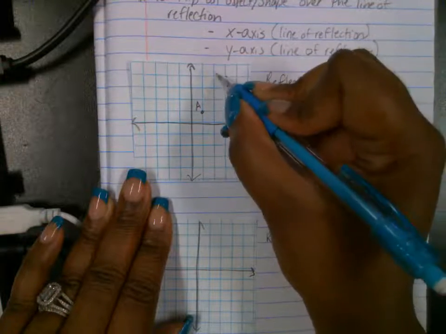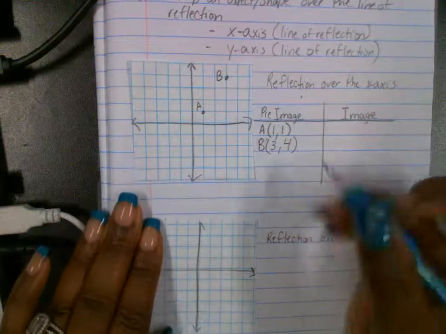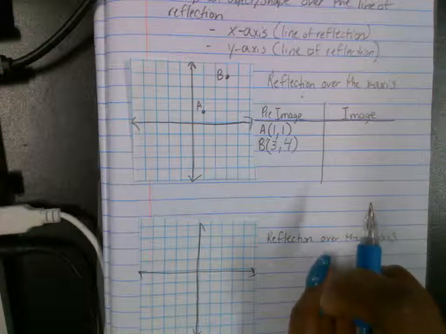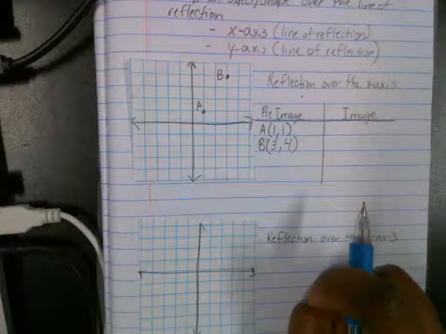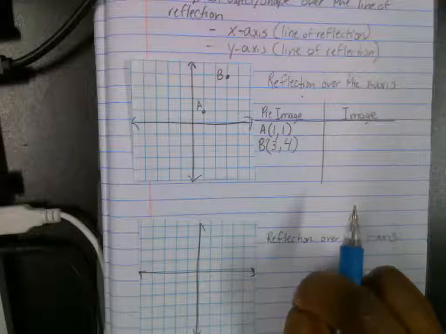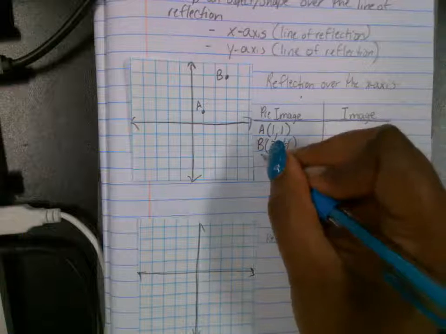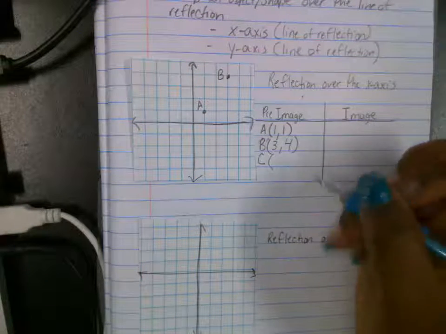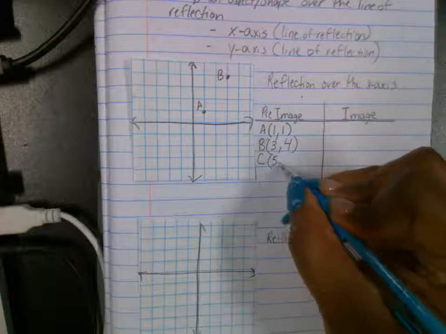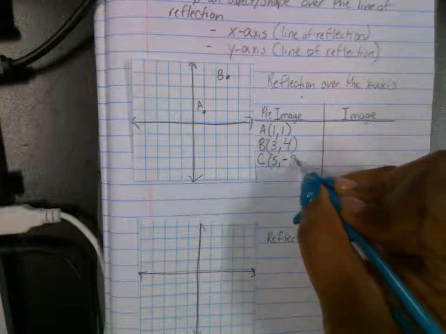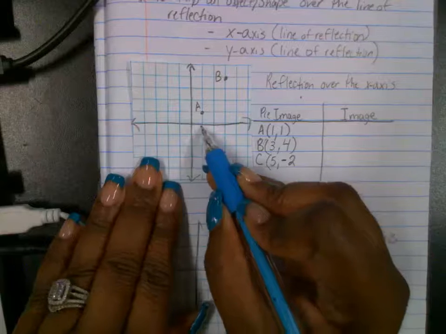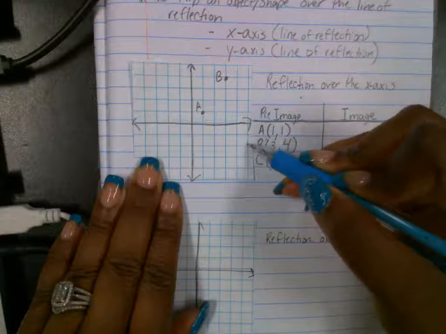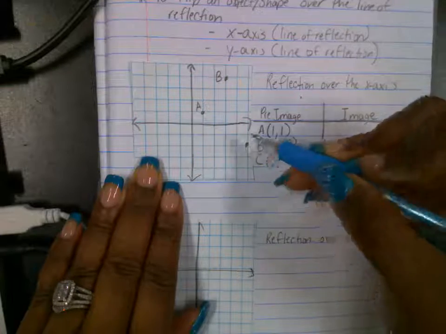This is B. And let's do C. Let's do 5, comma, negative 2. 1, 2, 3, 4, 5, and down 1, 2. This is C.